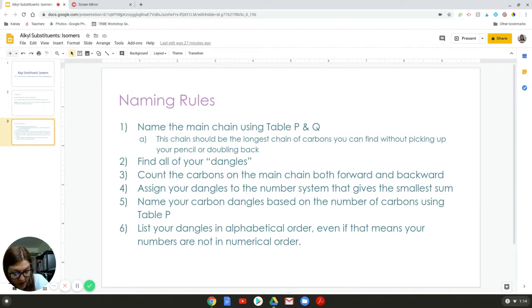Then you need to find all of the things that dangle off of this chain. They're technically called functional groups, but I call them dangles. Then what we are going to do is count the number of carbons in that main chain in both directions.